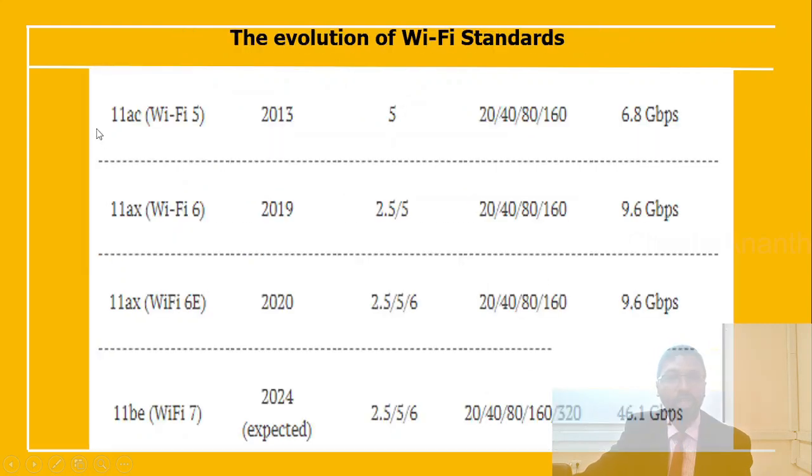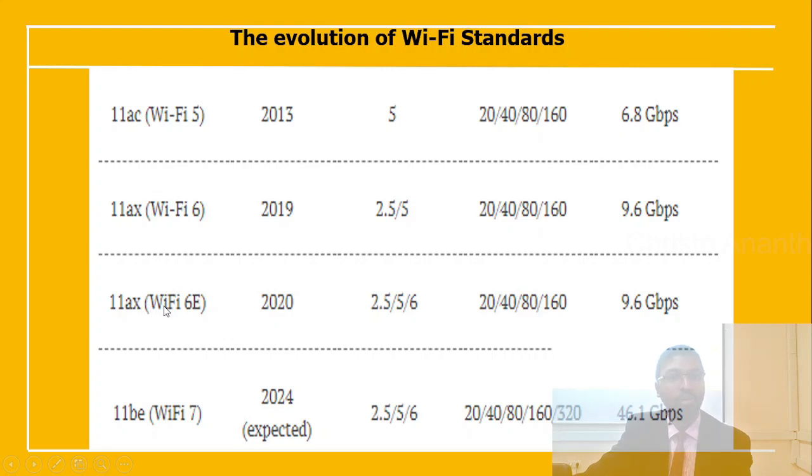Then 11ac in 2013 has bandwidths of 20, 40, 80, and 160 MHz, with 6.8 Gbps. Then 11ax was introduced in 2019, with the same 20, 40, 80, and 160 MHz bandwidths and 9.6 Gbps.